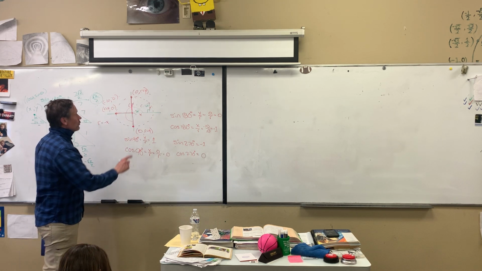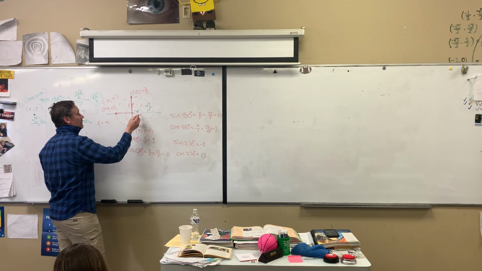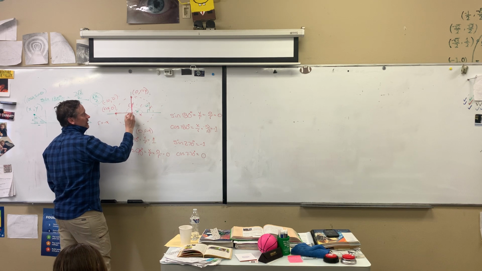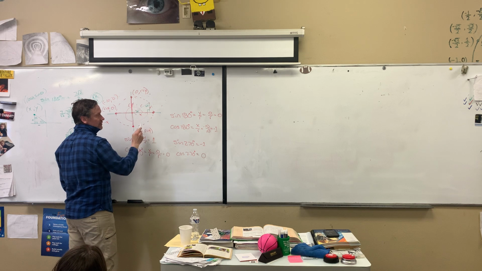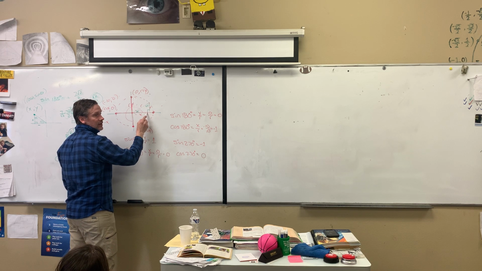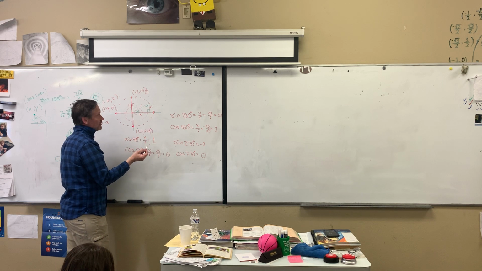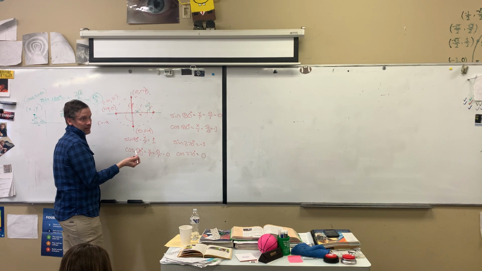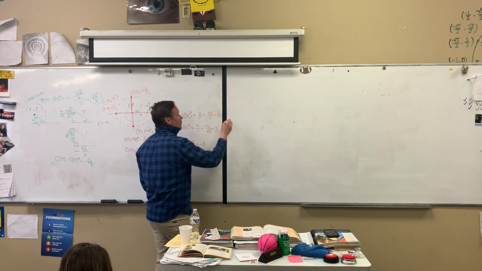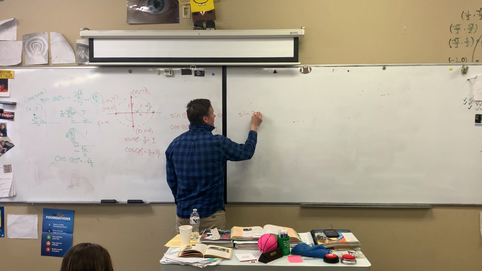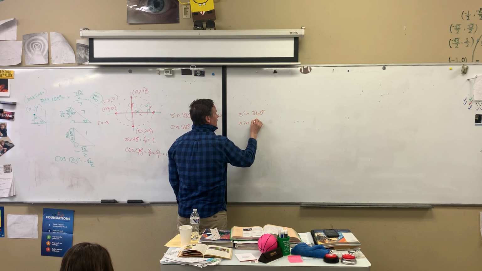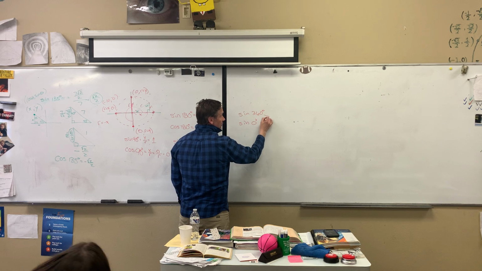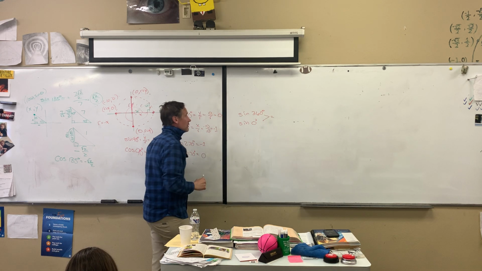And then the last one, or you can think of it as the first one because we didn't actually talk about it. Coming out here, this is either considered 360 degrees or it's considered 0 degrees, right? So 360 and 0 are the same thing. So you can either say, what's the sine of 360, or what's the sine of 0 degrees? They're both equal to the same thing.